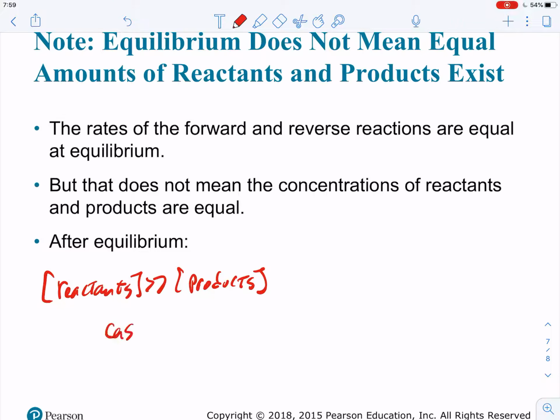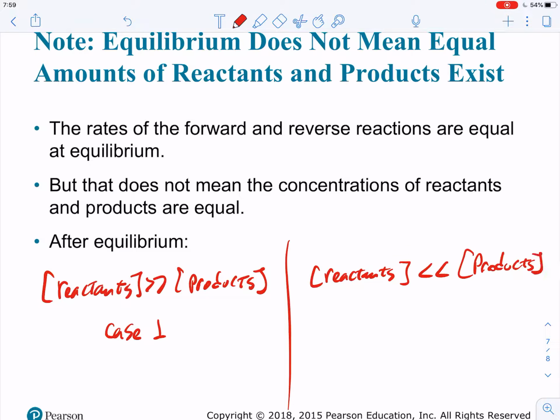Let's call this case 1. And you can have case 2 in which the concentration of reactants is much smaller than the concentration of products. Okay, let's call this case 2. And you know what? There is everything in between.